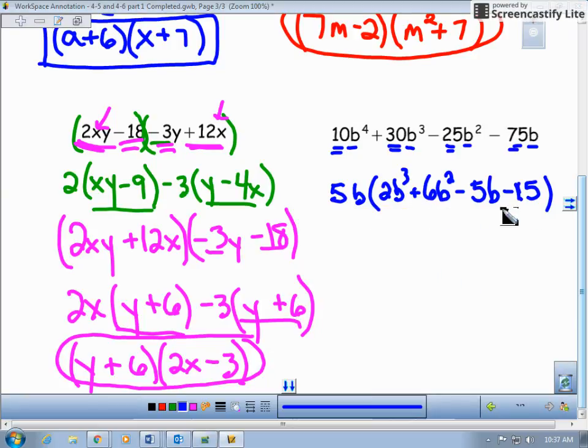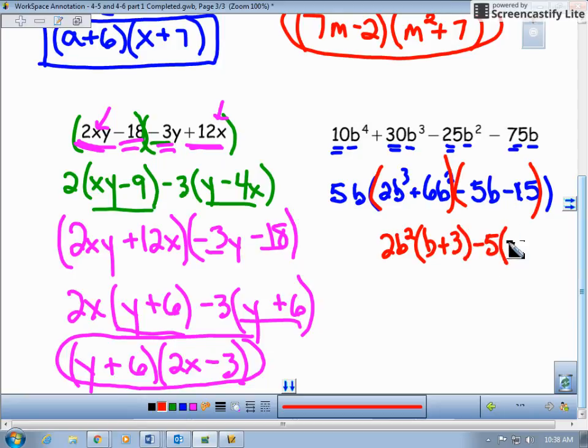Now, look what we have left. We got 4 terms. So let's go ahead, and I'm going to split these 4 terms into 2 and 2. And I'm going to go ahead and factor out a 2b squared out of this one. So that's going to be b plus 3. I'm going to factor a -5 out of this one. So that's going to be b plus 3.